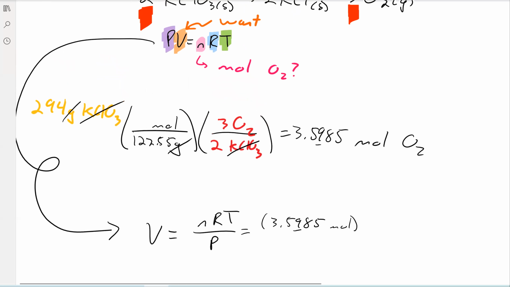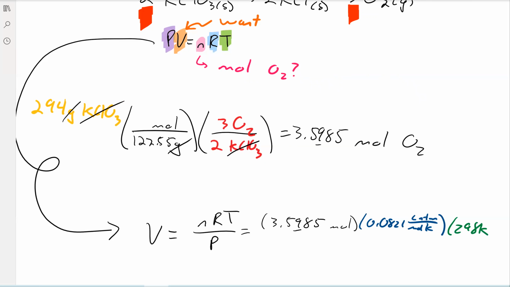Our R is our gas constant, which we know is 0.0821 liters atmospheres over moles Kelvin. Our T was given to us as 298 Kelvin. That's approximately room temperature. So if you keep seeing 298 pop up, that's why. And then our pressure was given as 1.00 atmospheres.